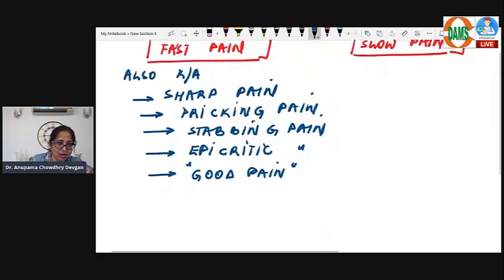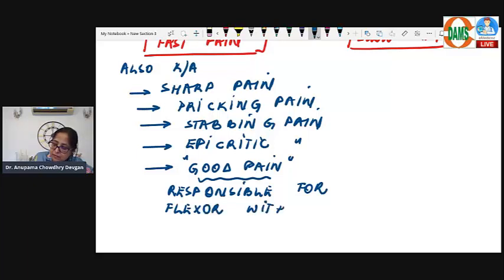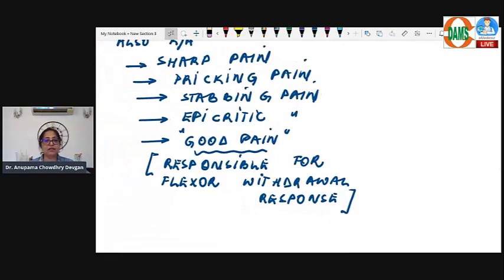This is because this is responsible for the flexor withdrawal response. This is your sharp pain, pricking pain, stabbing pain, epicritic pain, or also known as the good pain.